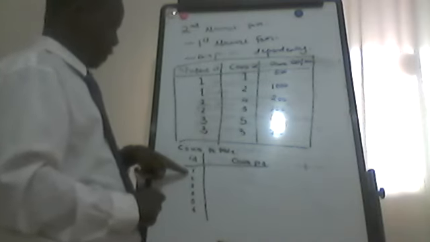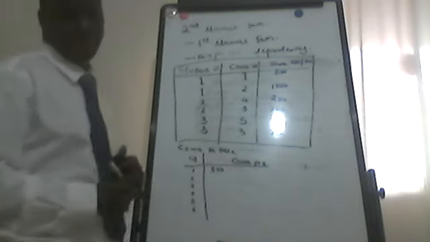For this unique identifier, we shall have 500. For this one, we shall have 1000.